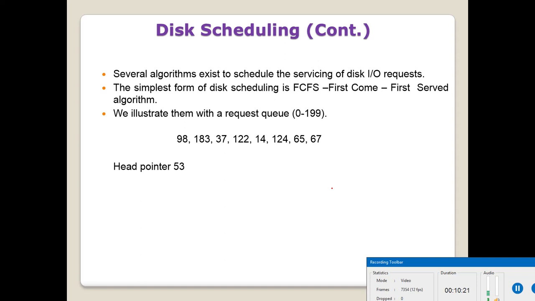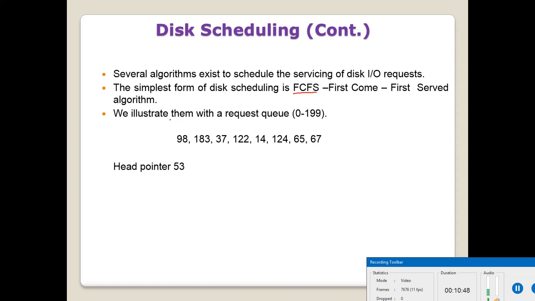In the case of disk scheduling, you will get some numbers, and those numbers are the head numbers. The head pointer is at this sector or track number. The simplest form of disk scheduling is first come first serve. So how the question is given and how we need to solve it.